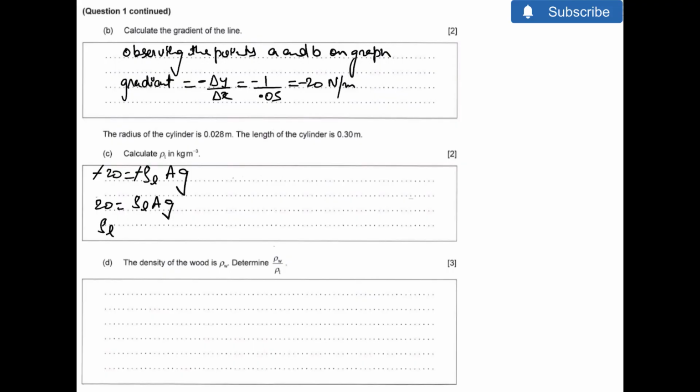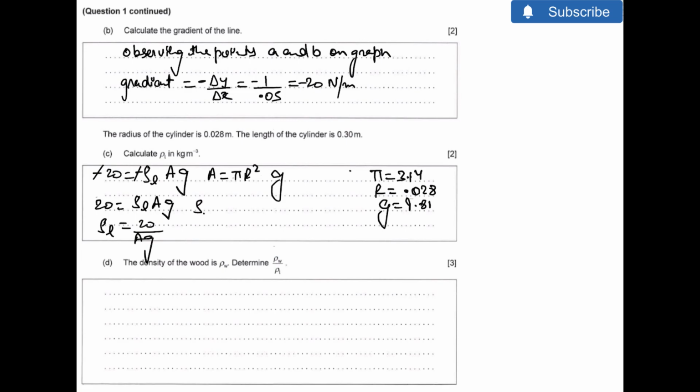Now rho L will be equal to 20 upon Ag, and the value of A will be pi r square, and g is g. Now pi is 3.14 and r is given as 0.028 and g is 9.81.